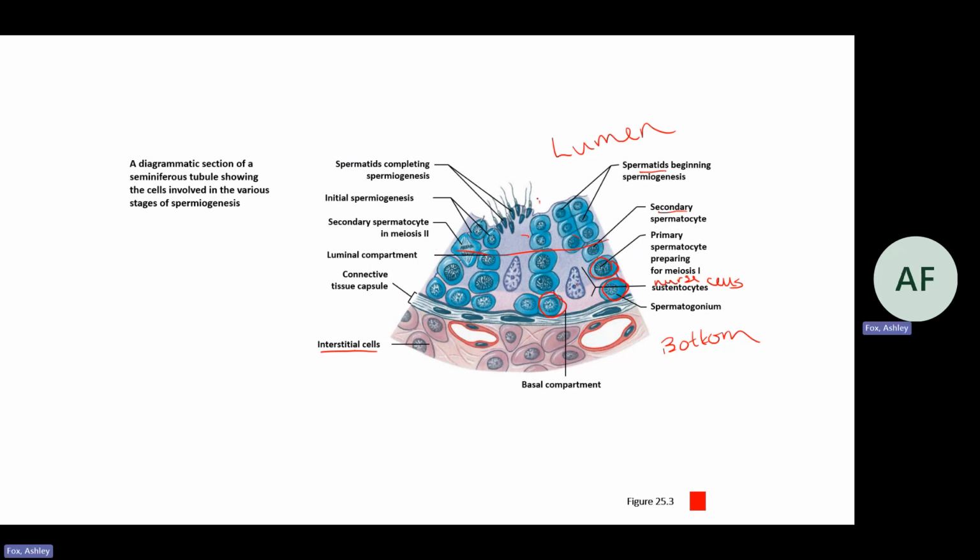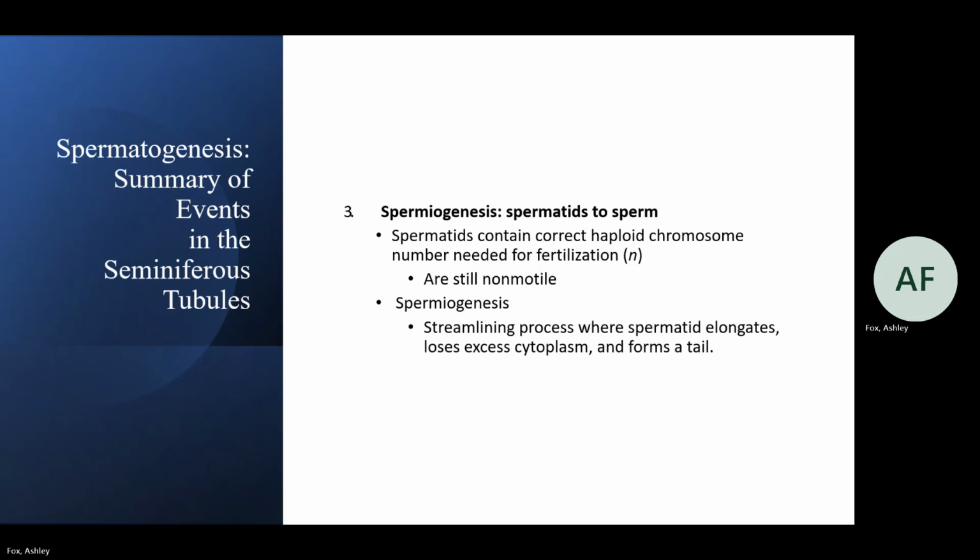Then spermatids undergo spermiogenesis. So again, spermiogenesis is the ability to swim and become motile, so forming a tail. So spermatids to sperm. Spermatids already gone through all meiosis, so they have 23 chromosomes, but they can't swim.